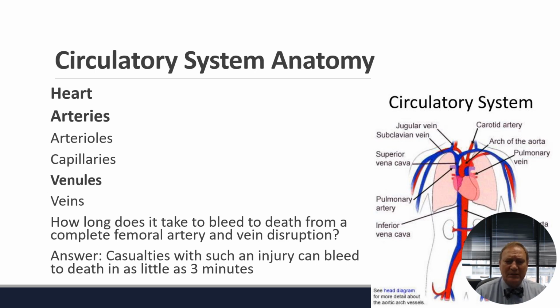Things that would tell you that something has injured an artery: it's more likely to be spurting, and it spurts in a rhythmic way based on the heartbeat of the patient. If you've never seen it before, it can be a bit unnerving.